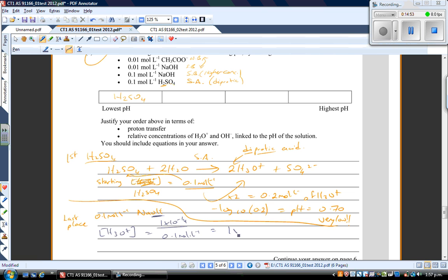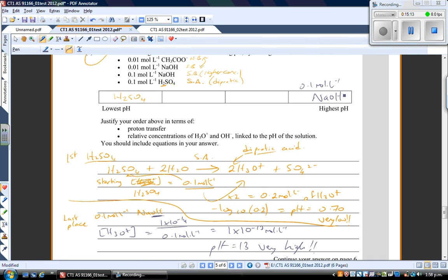And that will give you a concentration of H3O plus of 1 by 10 to the minus 13 moles per liter, which gives you a pH of 13, which is very high. So we can put in our 0.1 mole per liter sodium hydroxide right here with the highest pH.